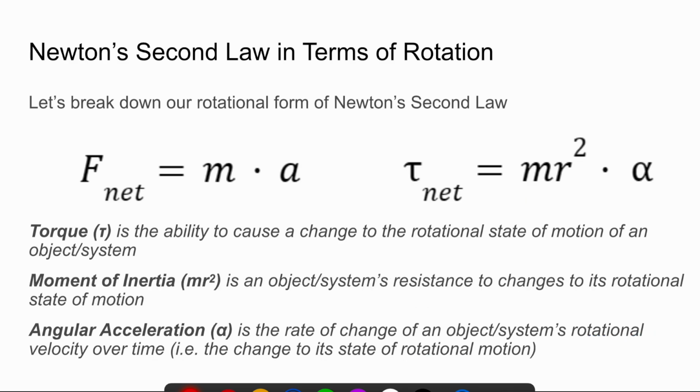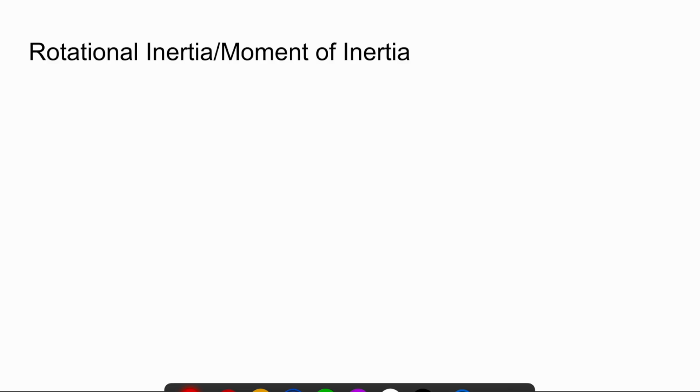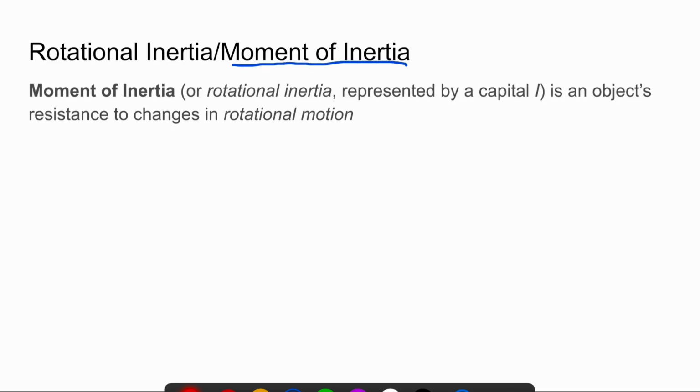Finally, that leaves us with this last term here, where mass was our inertia in Newton's second law. So rotationally, our term for inertia is mr squared. Let's think about this rotational inertia, or what we also call moment of inertia, for rotating systems.